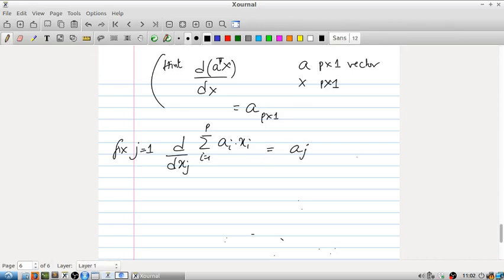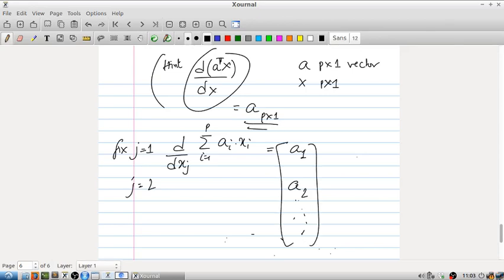It's going to be just a_j. You do this for j equal to 2, and so on, and you get a1, a2, and so on. The shorthand notation is that you're doing all the derivatives with respect to the vector x, and you're getting a vector which is a concatenation of all these. That's just one example of a vector derivative.